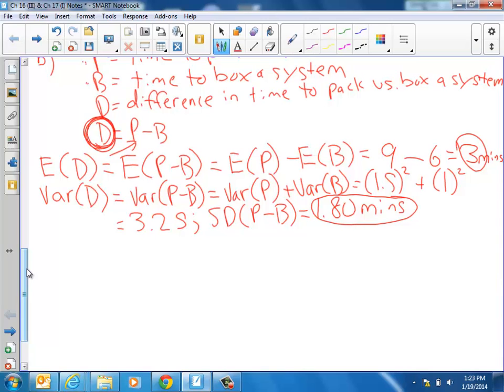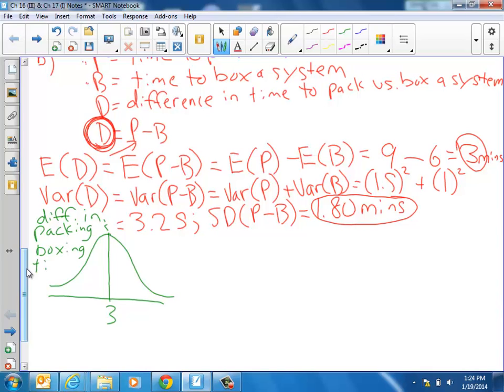So let's write that bell curve out. Looks something like this, with a mean of 3. So right down the middle, we're going to draw our 3. We'll label, again, concisely here, because I do an awesome job of not leaving room. Difference in packing and boxing times for this bell curve.